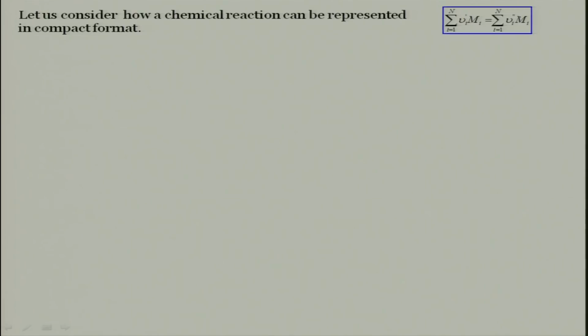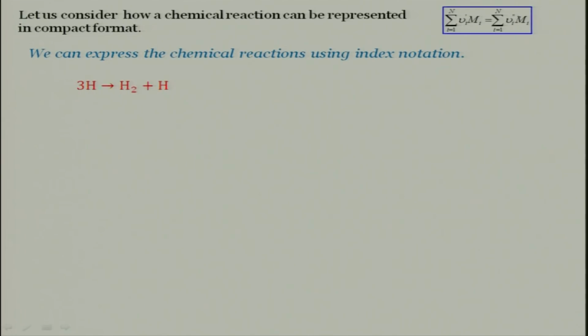So what is the meaning of that, we will explore a little further, because if you look at it, it looks a little complex. So let us consider a chemical reaction and express it in terms of index notation.